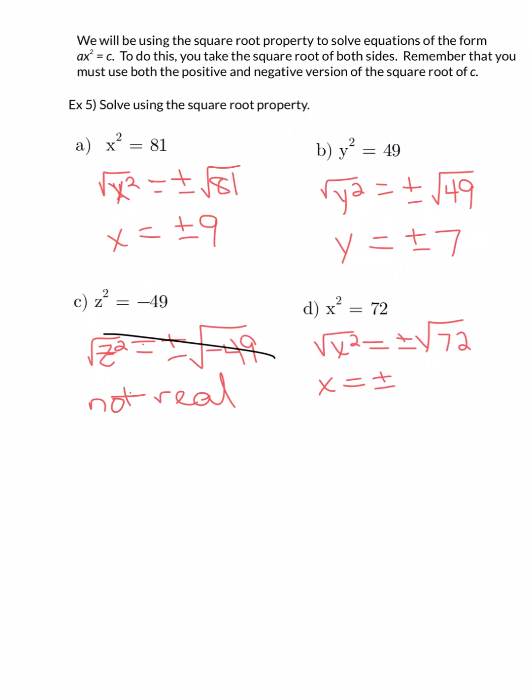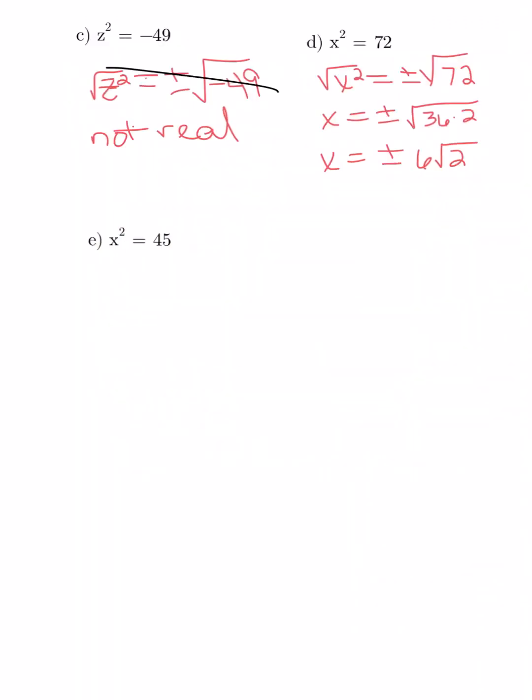We're going to keep that plus or minus on the front. Is there a perfect square that does go into 72? Yes, it's 36 times 2. So our final answer, we're going to keep that plus or minus. The square root of 36 is 6. Pull that outside the radical, and then the square root of 2 stays as is.